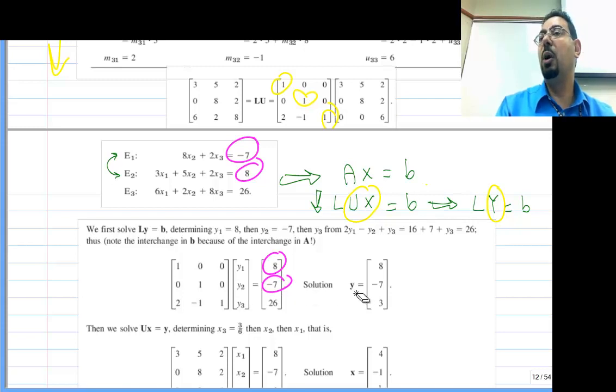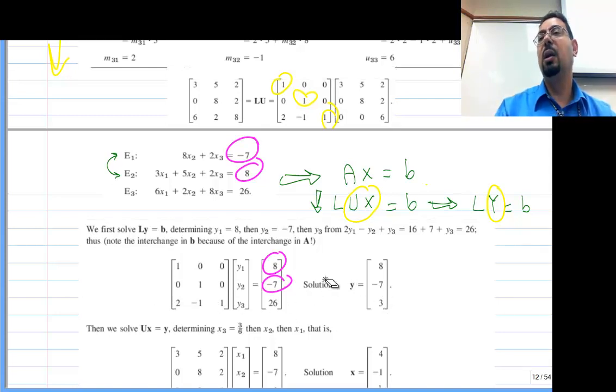So he's now solving for y by substitution, and it really helped because this is not just any lower triangular matrix, it also has ones on the diagonal. So y1 is already 8, right? It helped that this one comes out 0, sometimes it's not 0, so that would be 2 equations, 2 unknowns, but that's okay. And you get y2, and then you get y3.